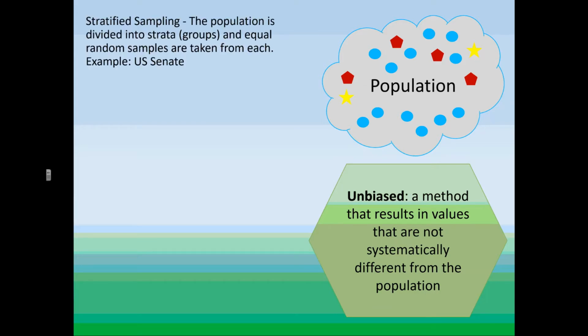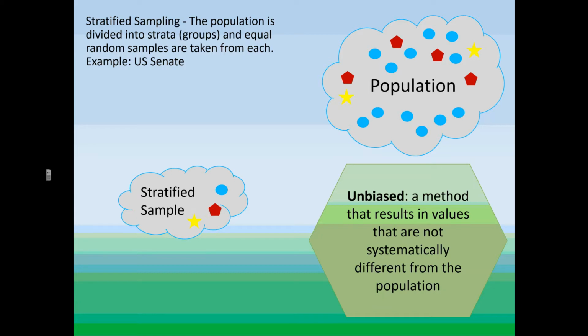One case is the stratified sample. The stratified sample takes the population and separates them into groups. So we separate them into different age groups, or different genders, or different races, and then we make sure that every single group in our sample has a representative from each of the strata that we have chopped our population into.